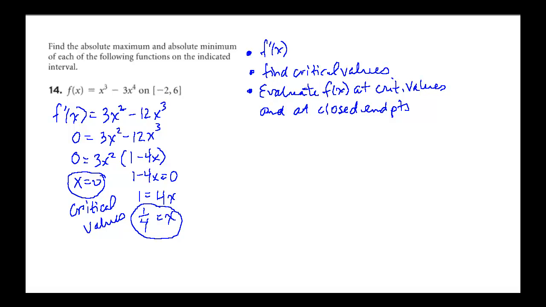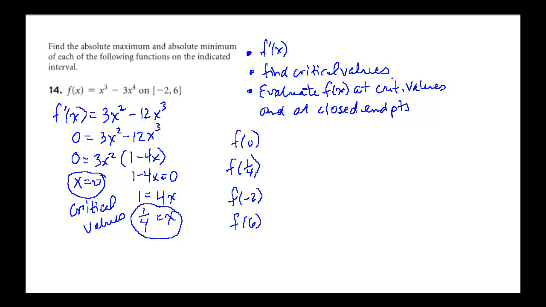And we then need to evaluate our function at those critical values, and then also at the endpoints. And we do have a closed interval, so each endpoint is a closed endpoint. So the next thing we're going to do is find f of 0, find f of 1/4, find f of -2, and f of 6.